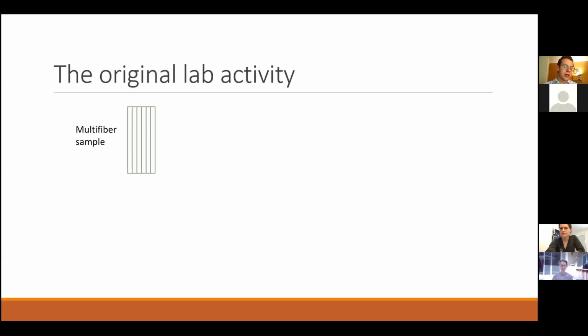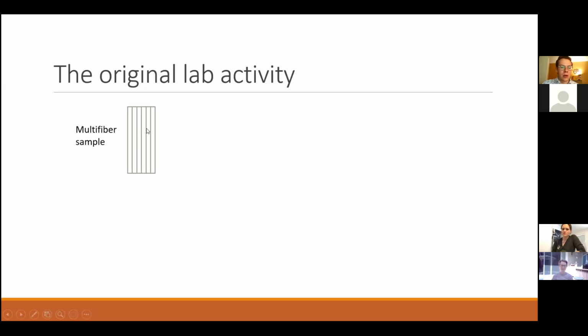So students would start out with this multi-fiber sample, which you can see has six different strips here. Each of these strips was a different textile.